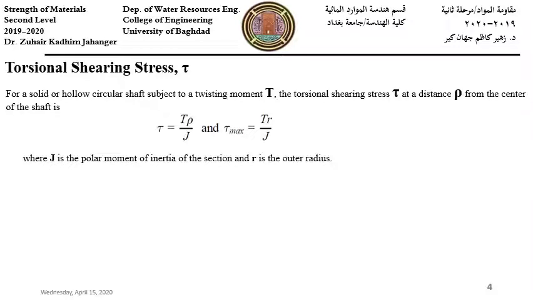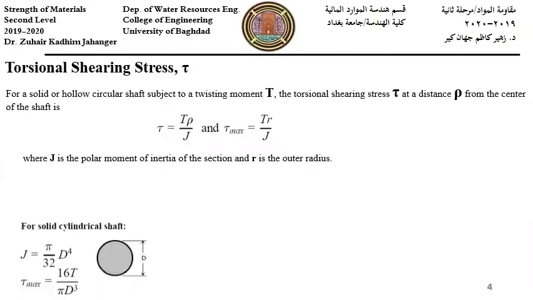Then the torsional shearing stress, tau. For a solid or hollow circular shaft subjected to a twisting moment T, the torsional shearing stress tau at a distance rho from the center of the shaft is tau equals T rho over J, for any distance from the center of the shaft, while the maximum tau will be at the outer radius of the shaft, which equals TR over J. We said before J is the polar moment of inertia of the section.